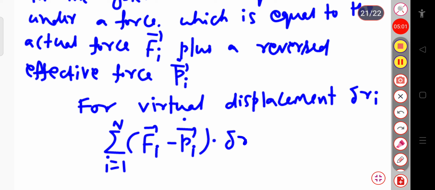It means that the work done is equal to 0. Since Fi minus pi dot equal to 0, we can write mathematically the sum over i of Fi minus pi dot, dot delta Ri equal to 0.